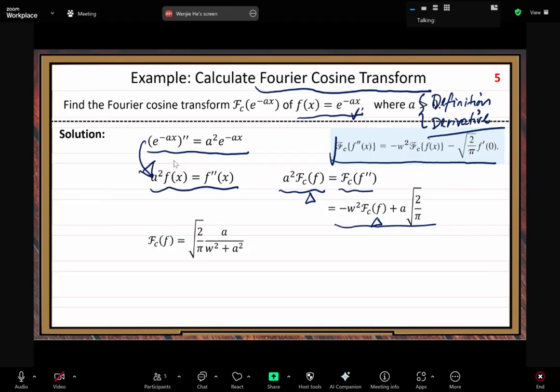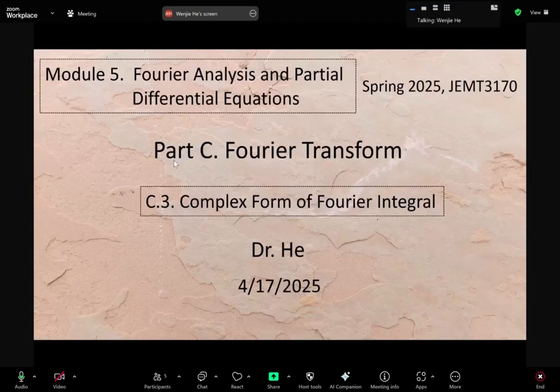This one may not be that hard, because remember we did the calculation before, before the break time, when we derived that Laplace integral. We did some similar calculation, so this one is similar to that one. Just to give you some idea.